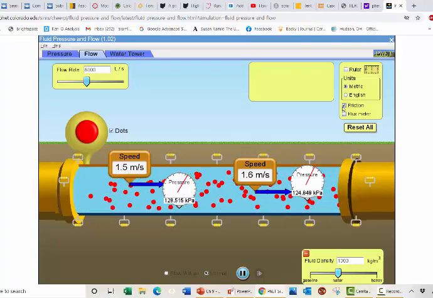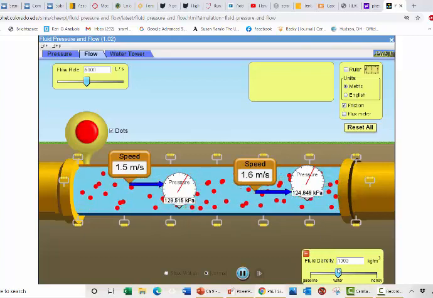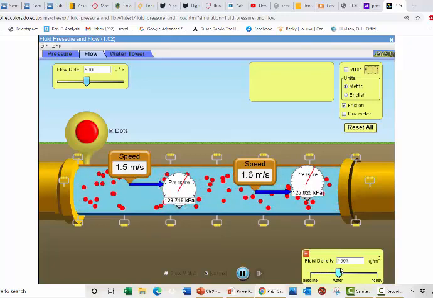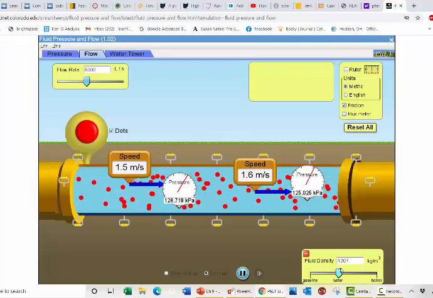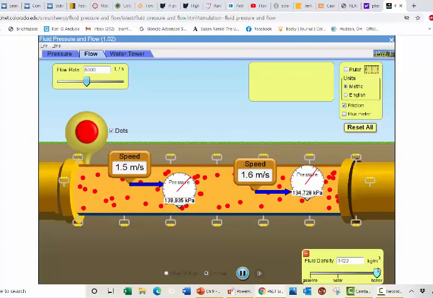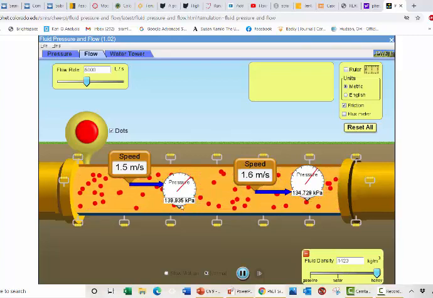Why? Because I've made this more real by adding friction into my system. I can have a much smaller fluid density, and look how different my pressure is now. Over here it's 120.3 kilopascals. If I increase my density, it goes up to 128.7 kilopascals. If I make it even more dense, 139.9 kilopascals.